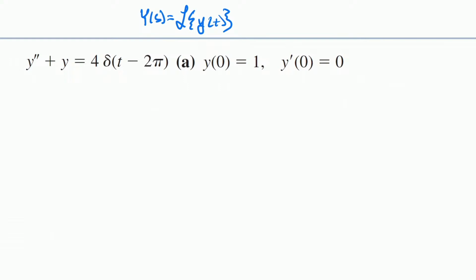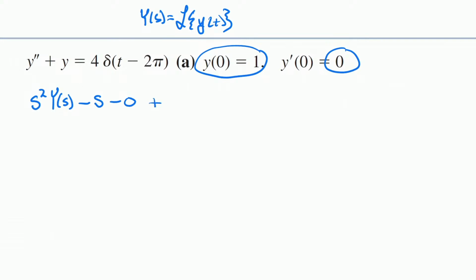So this second derivative is going to be s squared times the Laplace transform of y, minus s times the initial position, minus the initial velocity. So that was all of this. And then we have the Laplace transform of y.